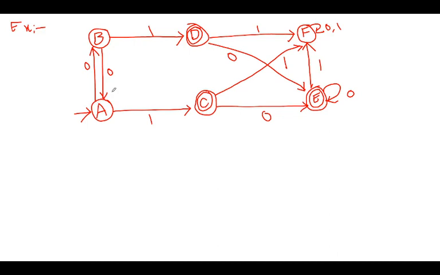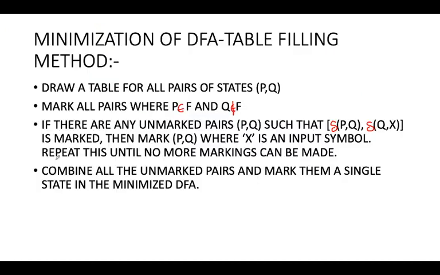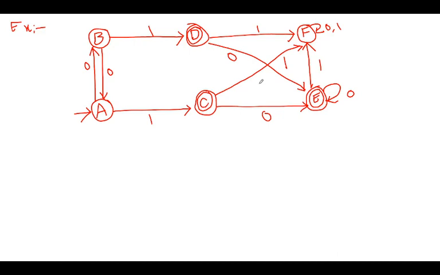Let us consider the DFA. It has a starting state, then the states D, C, E, and final states. So the first step is to draw the table for all pairs of states P, Q. Here P, Q means P rows and Q columns.